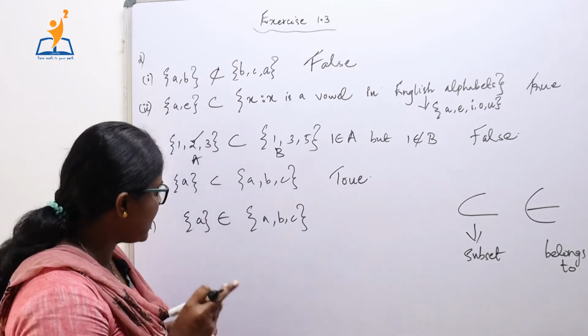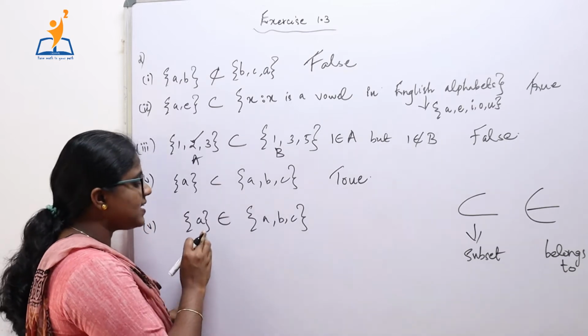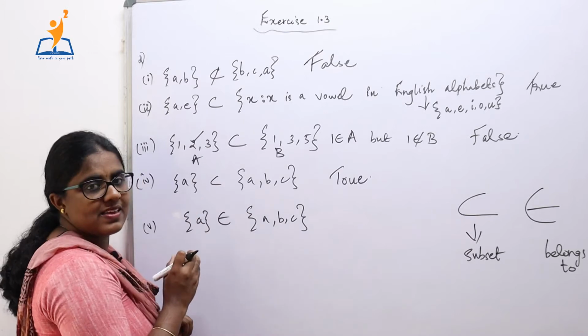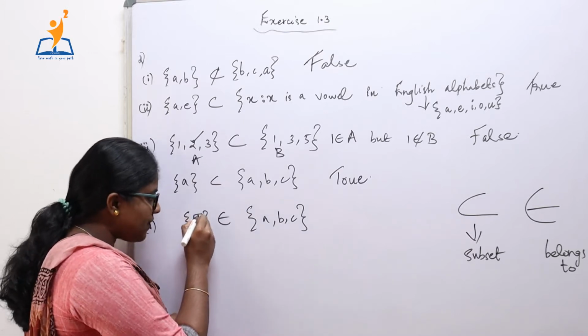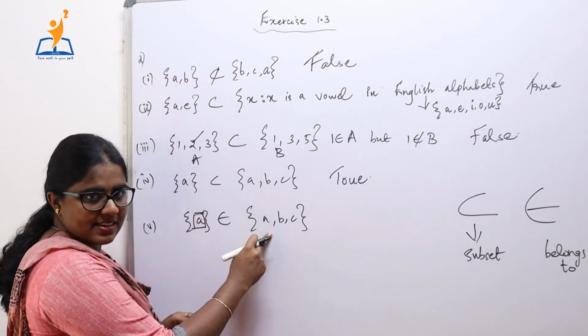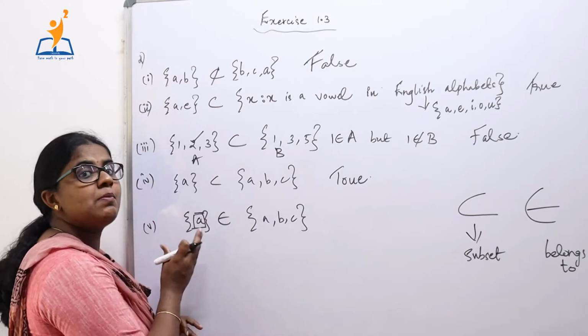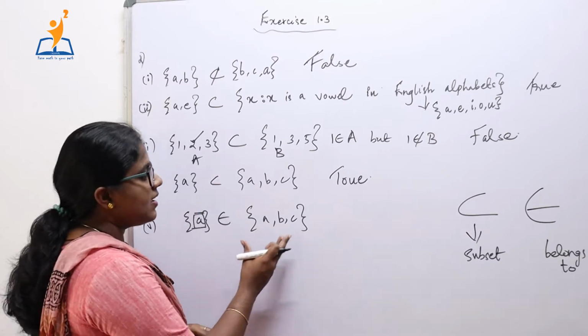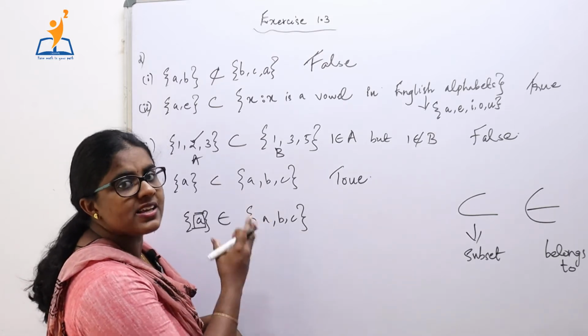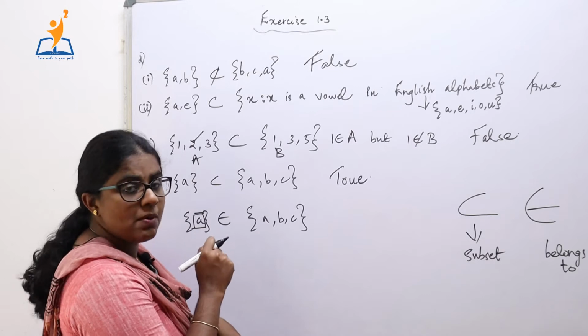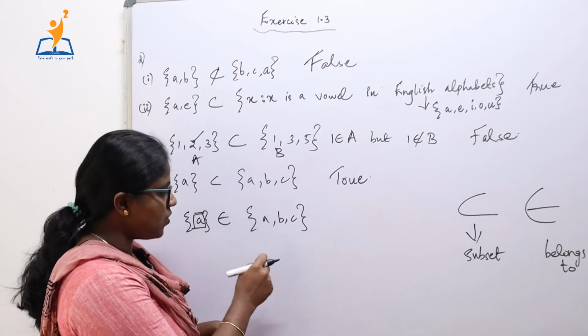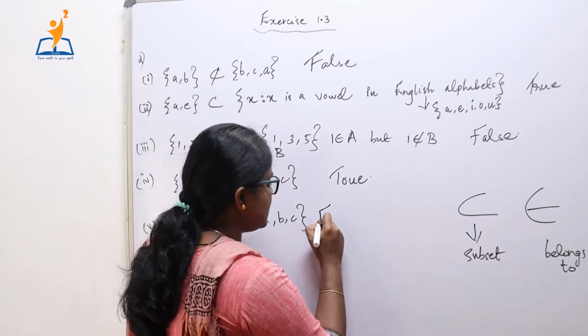Can you find the set A inside this ABC? We can of course find the element A in set ABC, but we are asked to check whether this set A belongs to ABC. It is clear that set A does not belong to ABC, but A belongs to ABC. So this statement is false.